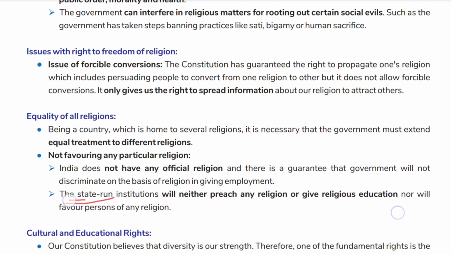The state-run institutions will neither preach any religion or give religious education, nor will they favor a person of any religion.